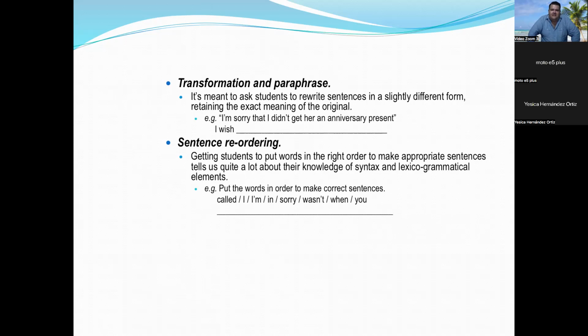Sentence reordering. Give students words to put in the right order to make appropriate sentences. It tells us quite a lot about the knowledge of syntax or lexicogrammatical elements. Example, put the words in order to make correct sentences. Y tenemos el ejemplo: called, I am, in, sorry, wasn't, when, and you.